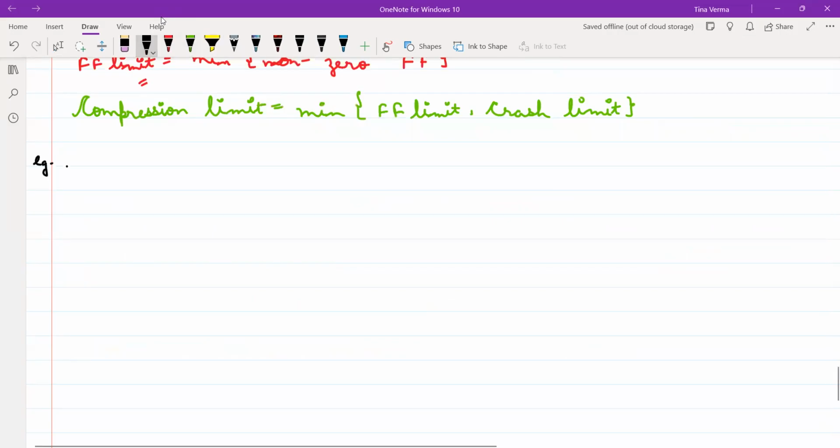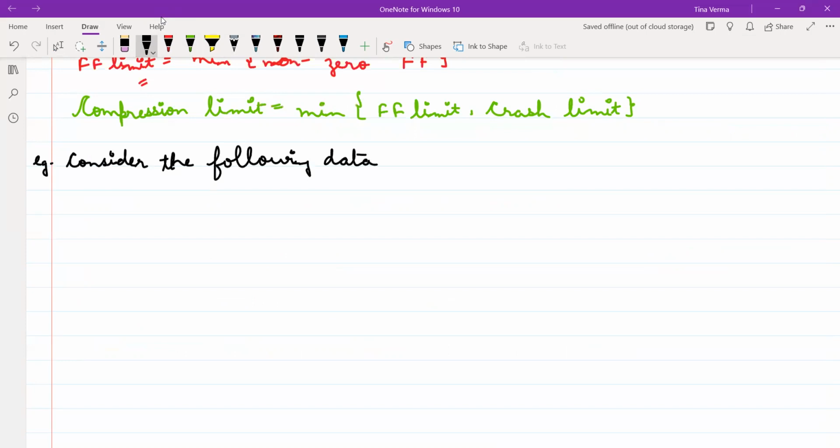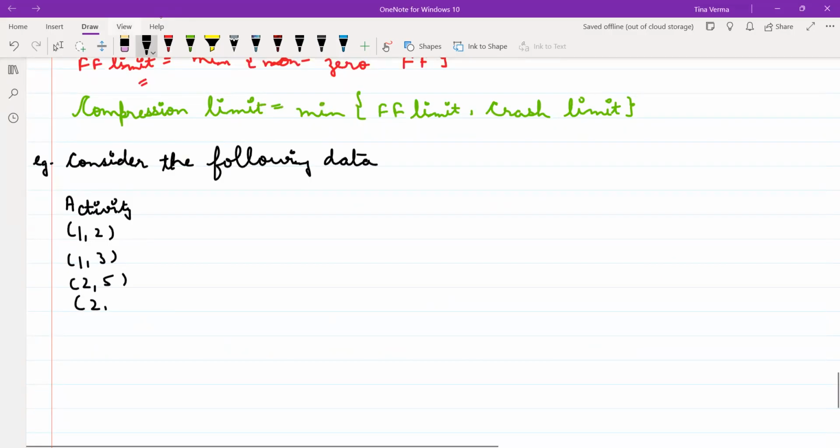The example is, consider the following data. That is, the data is given to you. These are my activities: 1 to 2, 1 to 3, 1 to 5, 2 to 3, 3 to 4, the same example that we have discussed, 3 to 5 and 4 to 5.